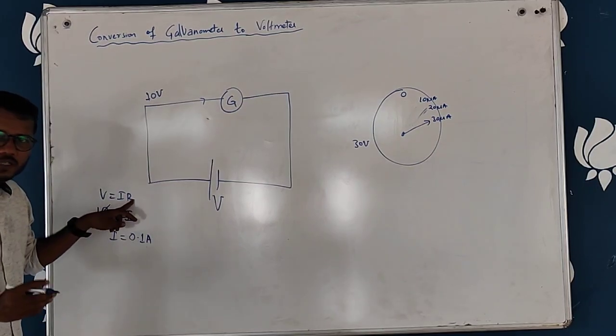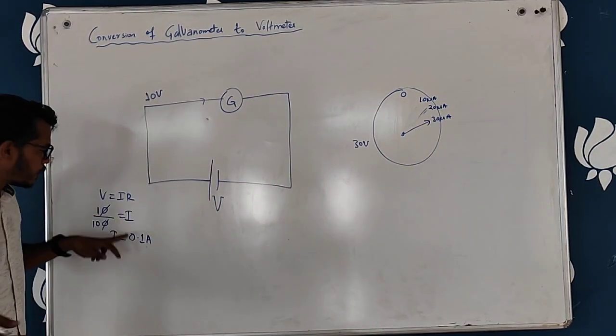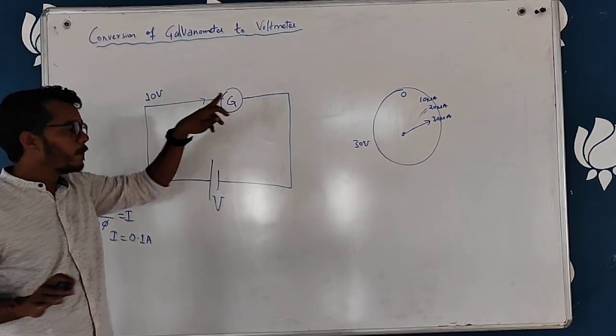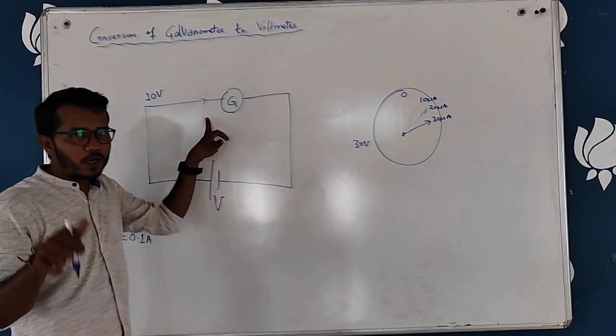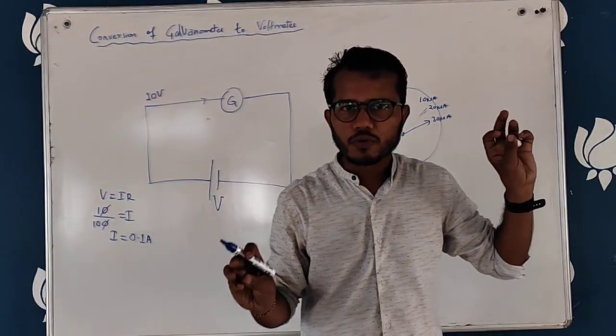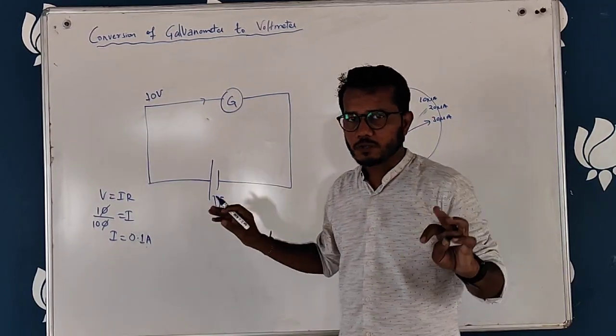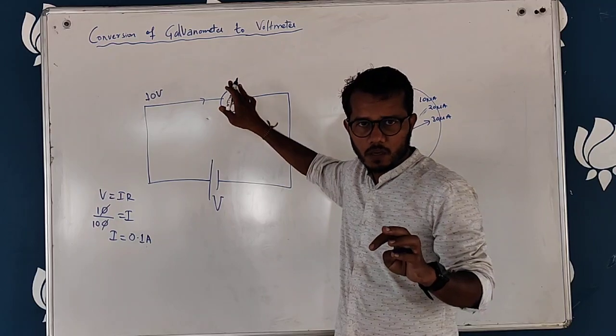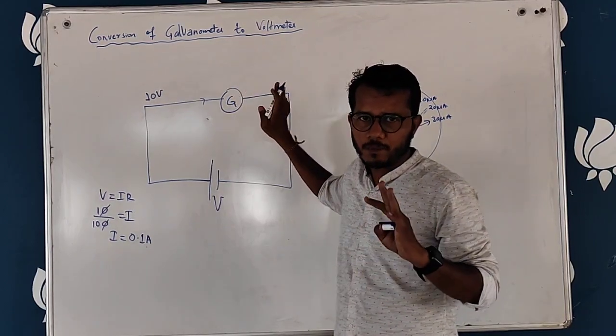So if my resistance value becomes higher and higher, the current flowing through this galvanometer is very low. So what I have understood is that we can use higher resistance values so that the galvanometer obtains only a small amount of current.